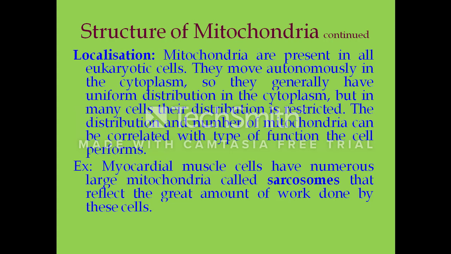We know myocardial muscle cells are involved in the continuous pumping of the blood in the heart, and they are exhibiting the high amount of work, and hence the mitochondrial size is big and the number of mitochondria is also more.